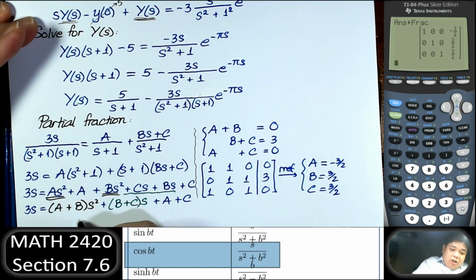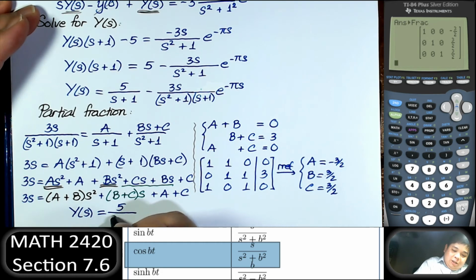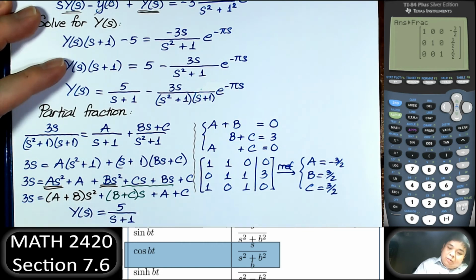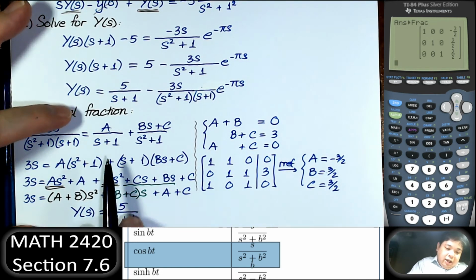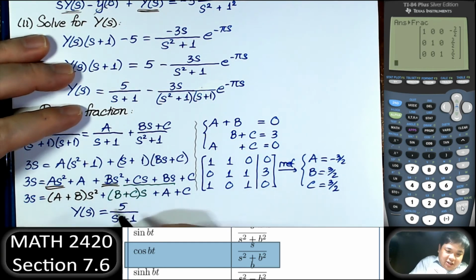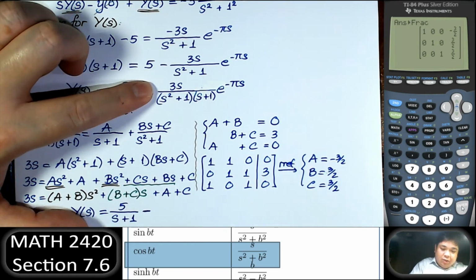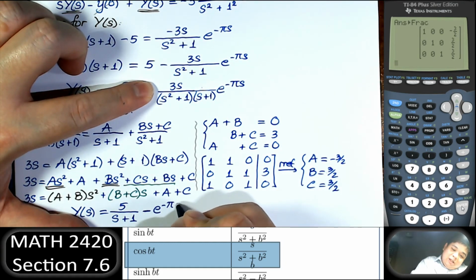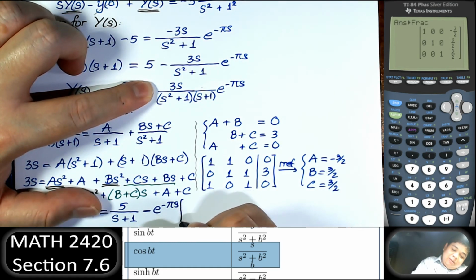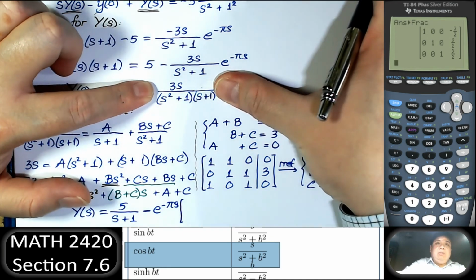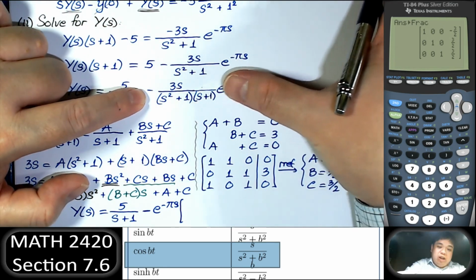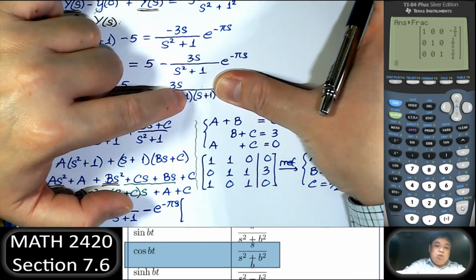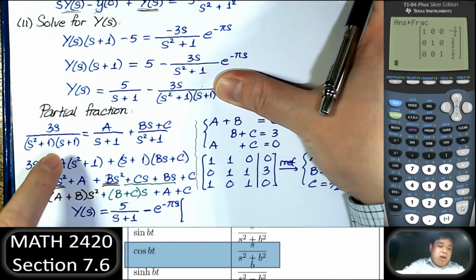So we can write Y of s equal to 5 over s plus 1, and then minus, let's just write e to the negative pi s, right, minus e to the negative pi s, and then the 3s over s squared plus 1 and s plus 1.